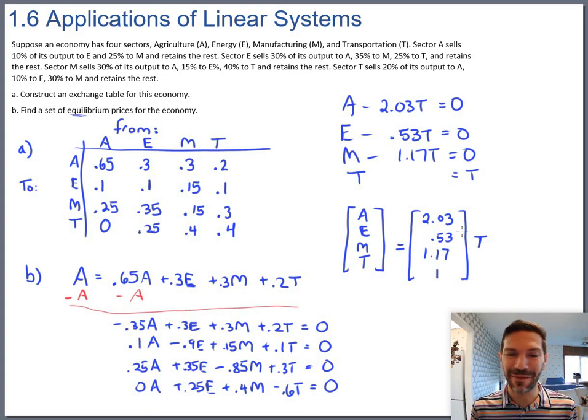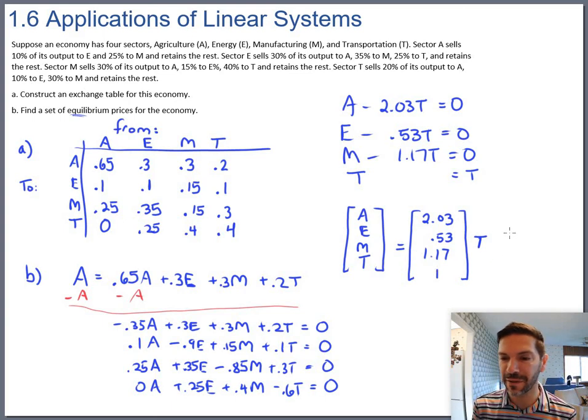So there are, of course, infinitely many answers to this. There are infinitely many prices, for each sector, where the economy will be balanced, but they all have to fall into this relationship. Whatever transport is, manufacturing has to be 17% greater than that. Energy needs to only be 53% of transport, and agriculture needs to be 2.03 times as much as transportation.